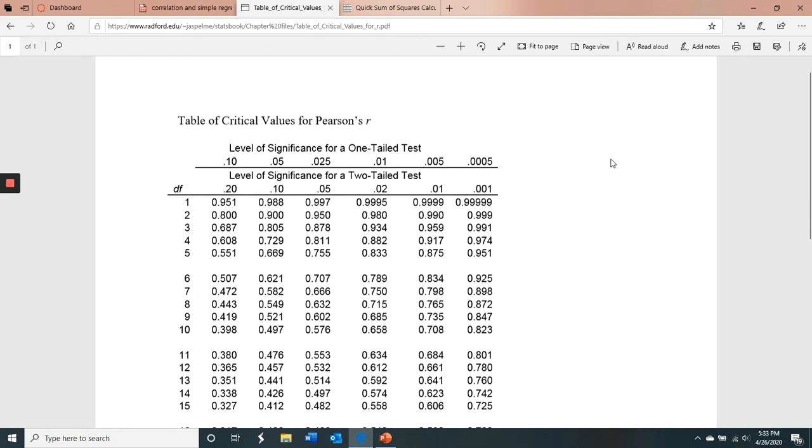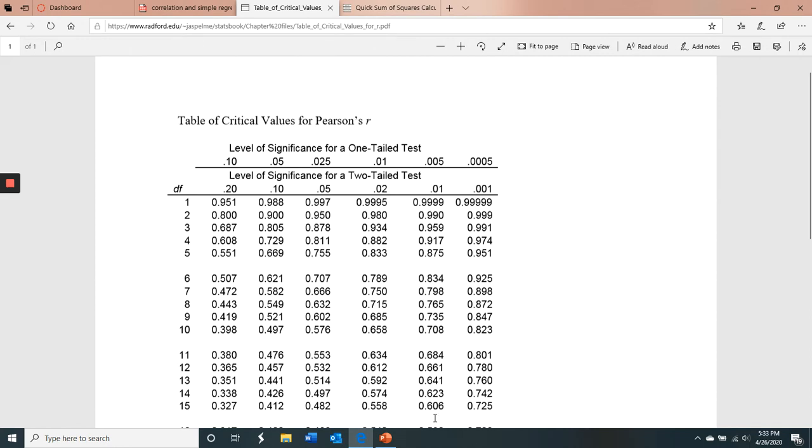Remember, it's n minus 2, because we have 2 variables. If we had 5 people like this example, it would be 5 minus 2, so it would be 3. So we take the 0.05 for the one-tailed test right here, and we go to degrees of freedom 3, and the critical value would be 0.805, which is quite high, but that's what happens when you have a small sample size.